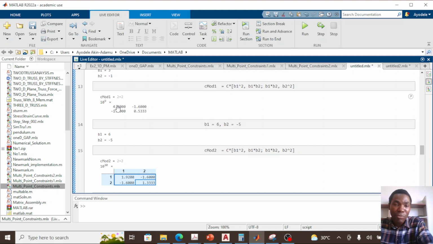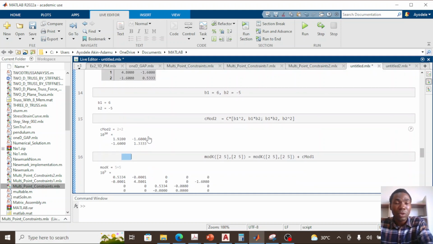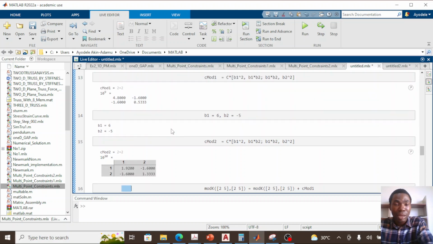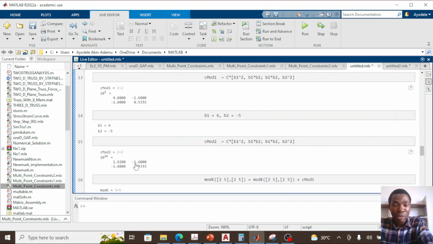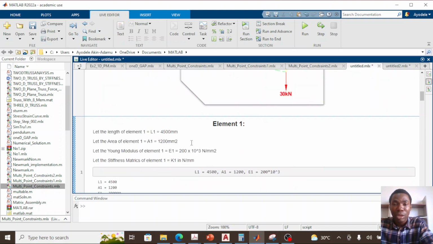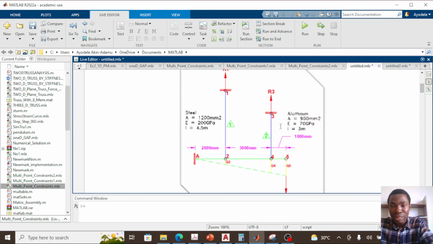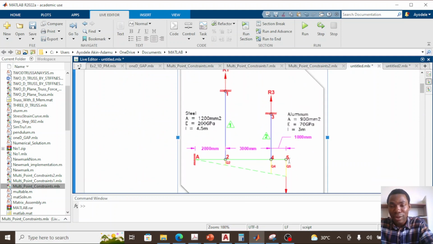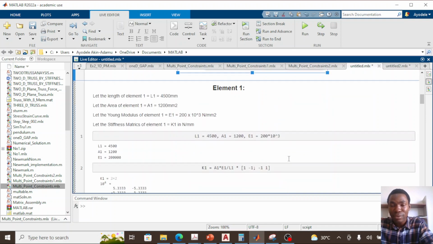So now I have two multi-point constraint matrices, which I want to add to my global stiffness matrix. The second multi-point constraint matrix will be added at what point? It's going to be added at node 4 and node 5, because that is the node we are considering, node 4 and node 5.